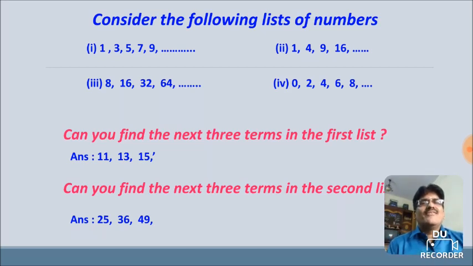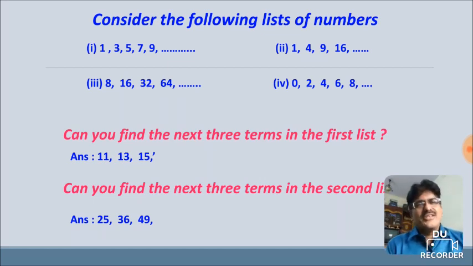Students, consider the following list of numbers. First one: 1, 3, 5, 7, 9 and so on. Second: 1, 4, 9, 16 and so on. Third: 8, 16, 32, 64 and so on.